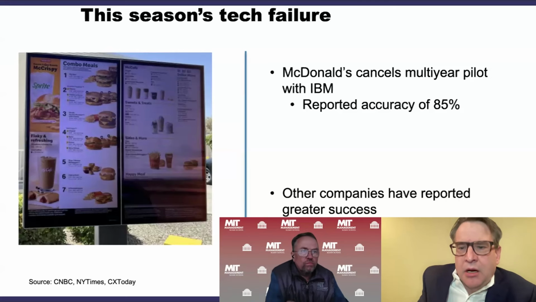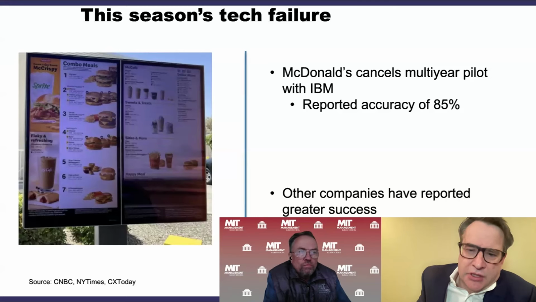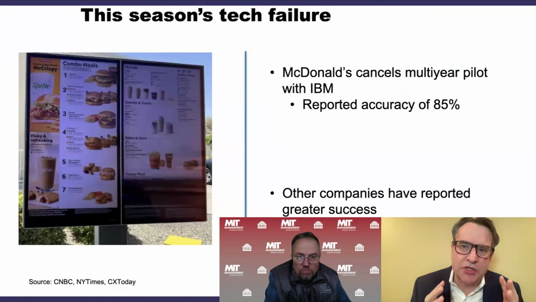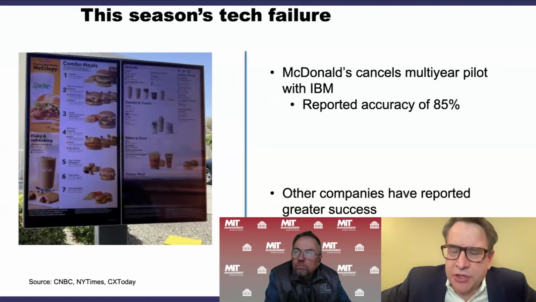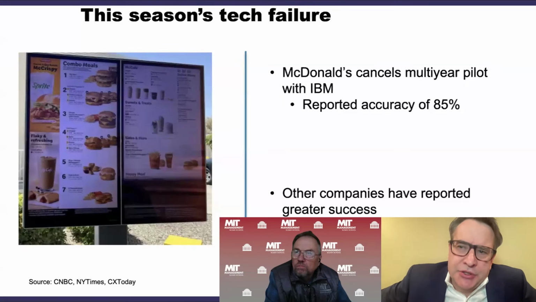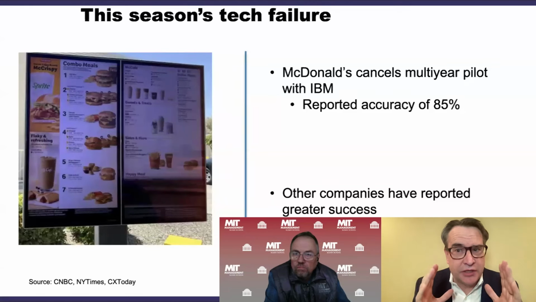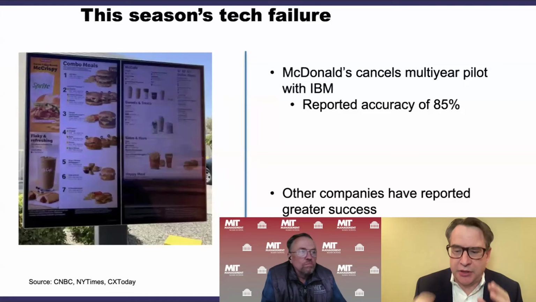However, other companies have reported greater success. For instance, Popeyes in the UK had an accuracy of 97%. And if we think about what's driving this accuracy, it's probably that the companies looking for success did not fall in love with the technology and focused on building something that worked.